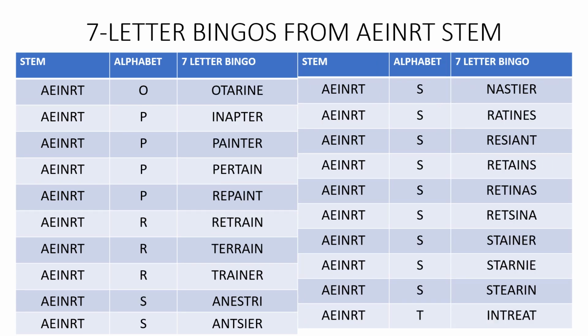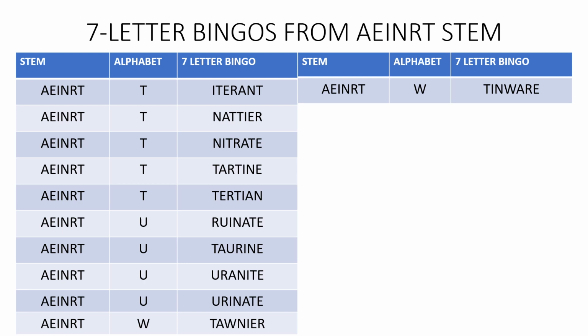So on this slide, you see Otarine with O, Inapter, Painter, Pertain, Repaint with P, the 3 with R: Retrain, Terrain, Trainer, 11 with S. So it's a very good combination with S, and then there are some with T, U, V, and W. These are the 71 words you can easily make if you have AEINRT on your rack.